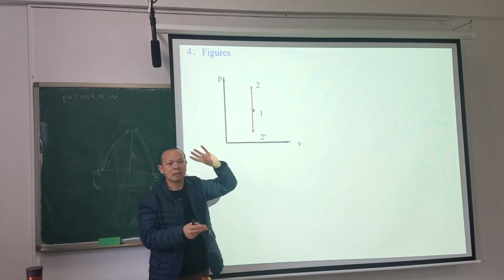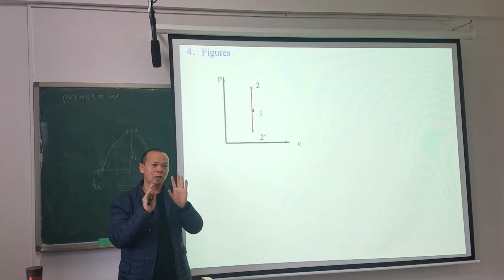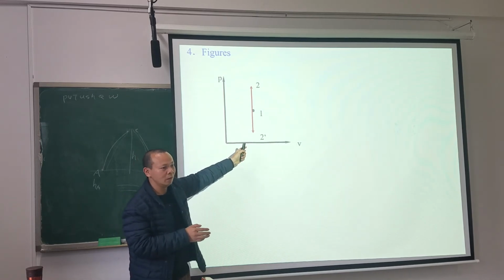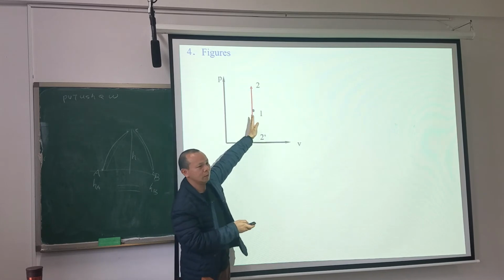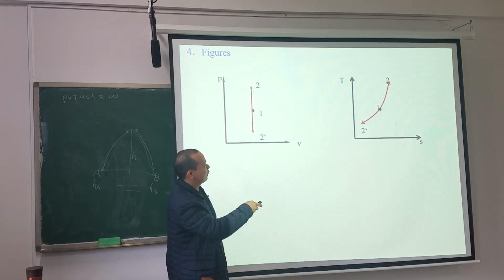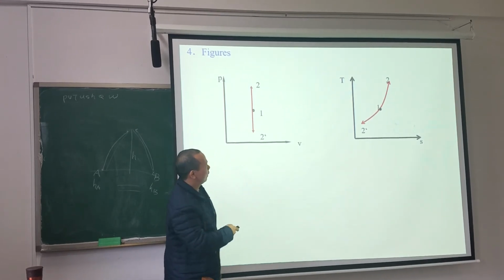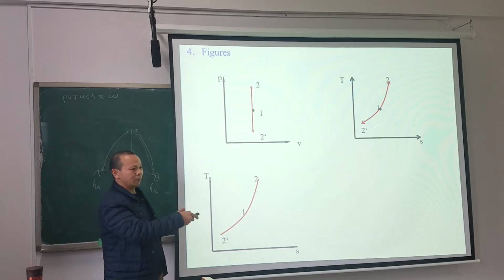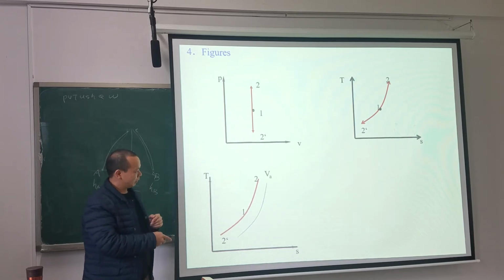It's really hard, not so simple, because now it's quite simple, since the volume is constant. And for the TS figure, it's like this one. This is quite simple. But here, a question.